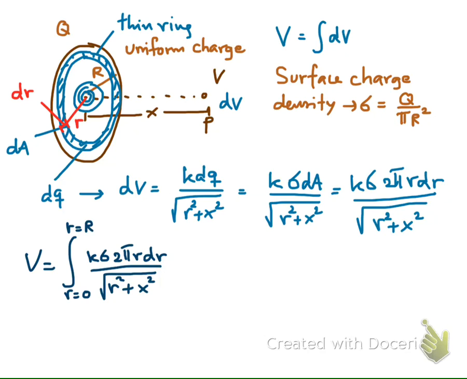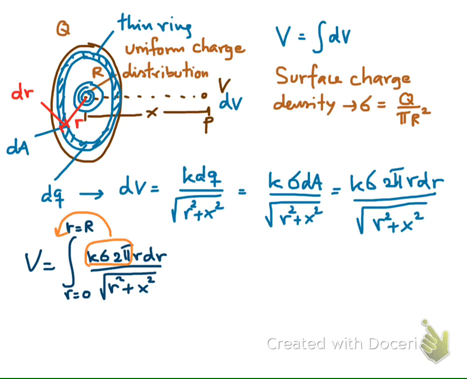Uniform charge distribution means that sigma is a constant everywhere on the disk. So from that we can take k sigma and 2 pi out of the integration.